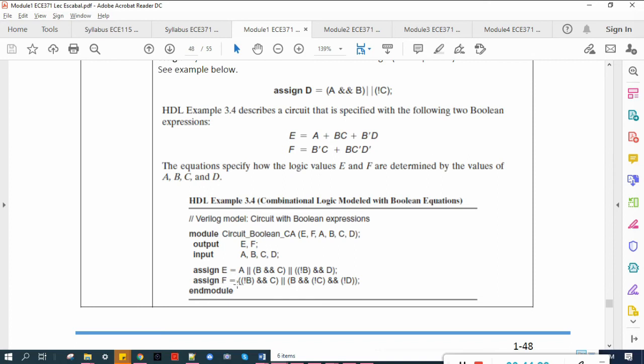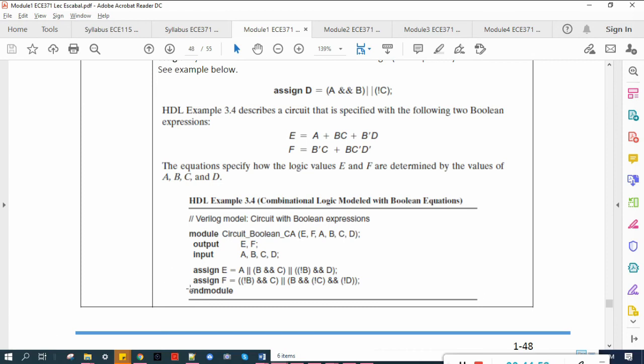Assign F is equal to B prime, which is exclamation mark B, then double ampersand C, then we OR that. So take note of the parentheses. We OR that with B and not C, then ended with not D. And endmodule.